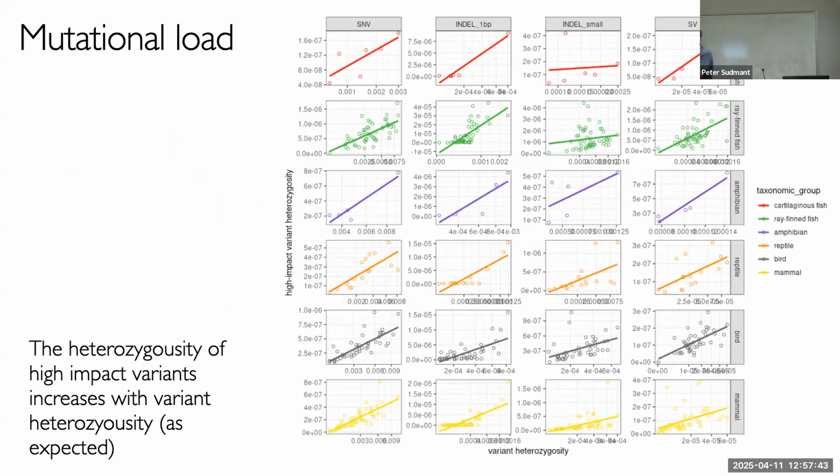And higher numbers, ray fin fish have higher loads, deleterious variants. That doesn't resonate with having a high effective population size, because they should be able to. Yeah, load is the wrong term. They just have higher numbers. And I'll show you why here.